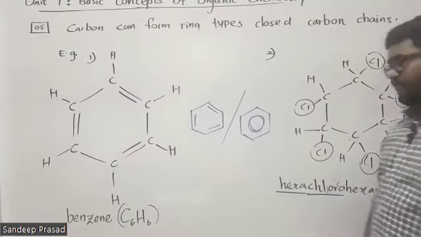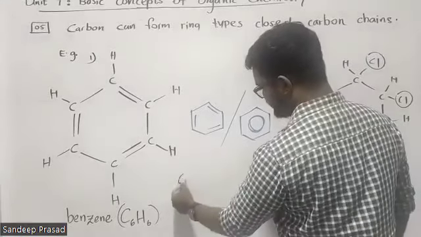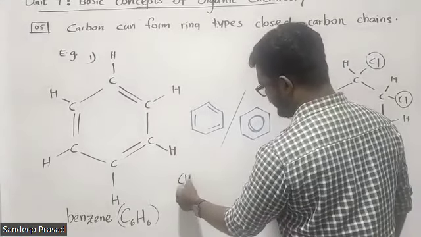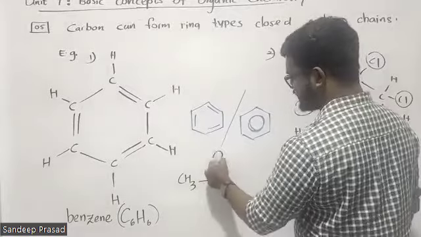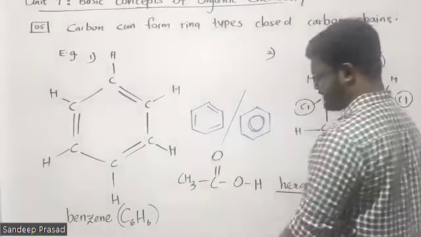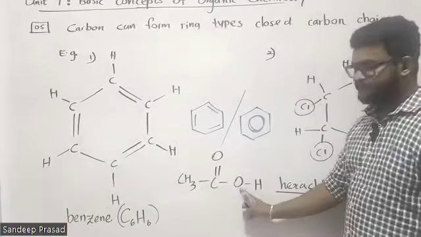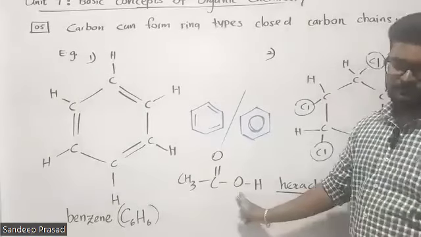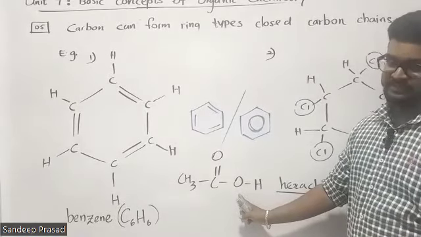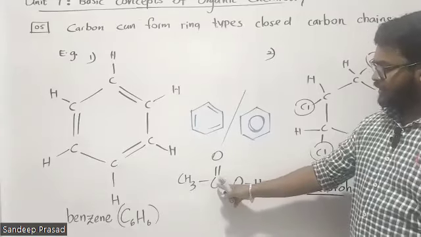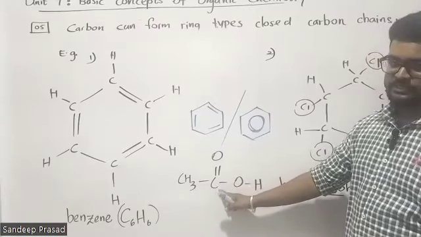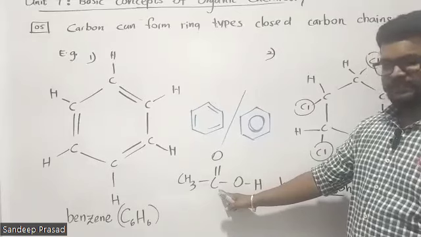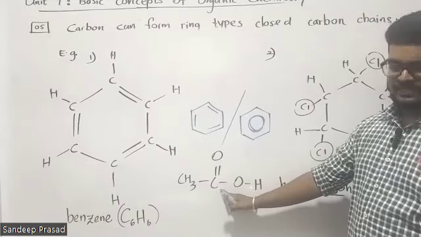And one more thing, students, remember, when we are drawing organic molecules, we don't have to mention the lone pairs and the correct shapes. Just imagine, this is one example organic molecule we are discussing. This is a carboxylic acid, ethanoic acid. The trivial name is acetic acid.